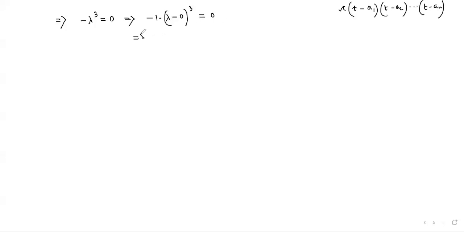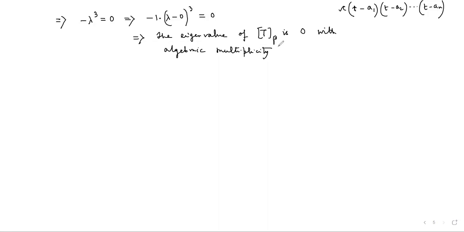So from there, we actually get the eigenvalue of T is 0 with algebraic multiplicity 3 because of this factor.